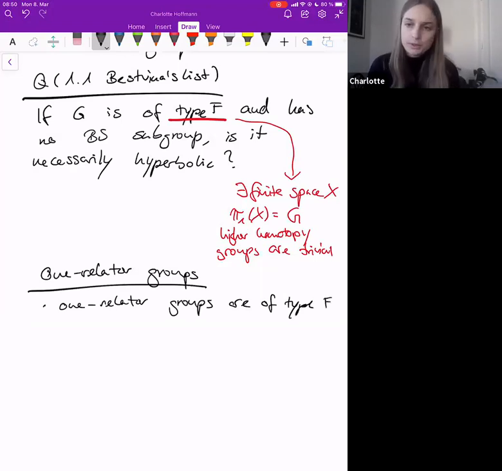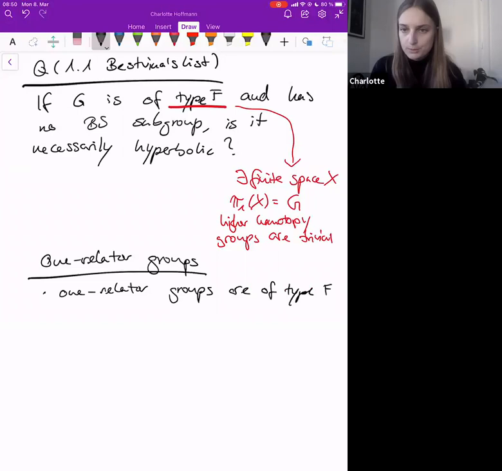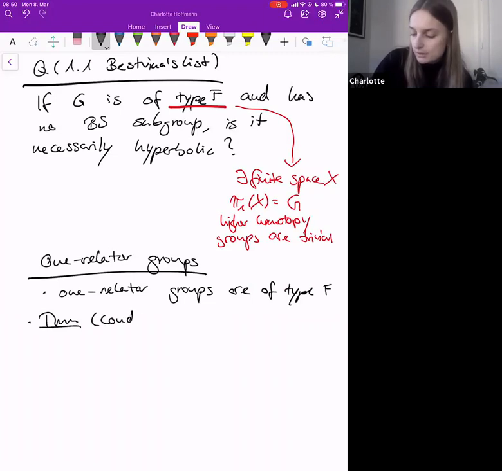Okay, so now we only need to take care of the Baumslag-Solitar subgroups. And then there is a recent result by Louder and Wilton, from 2018, and it says the following.